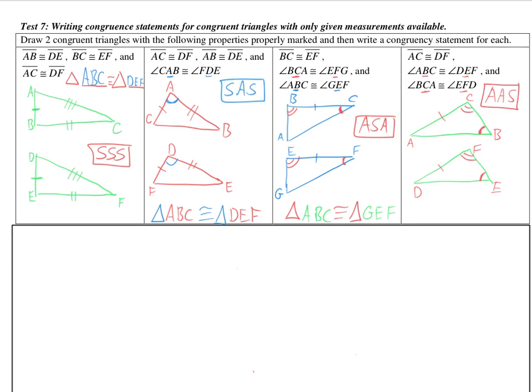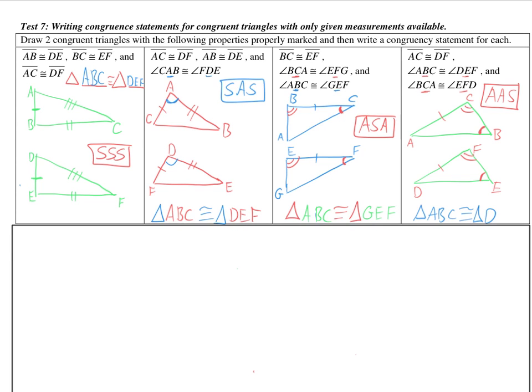And lastly, what are my triangle names? Well, let's do ABC to begin with again. I just like to start with the ABC, it's easy. So ABC, what corresponds to A? D. What corresponds to B?